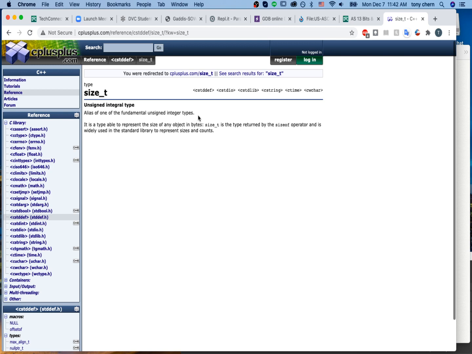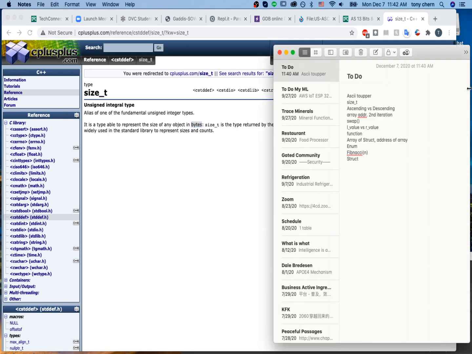It basically defines the storage, how many bytes you have allocated. Again, the keyword is the type returned by the sizeof operator and is widely used in the standard library. So you can use this to get the size of allocation.